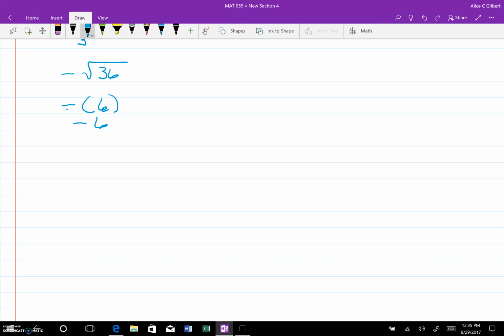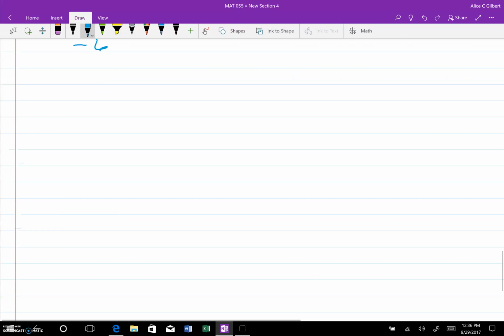That would be different if this were the square root of negative 36, because this is an even index, remember, an invisible 2, and the negative's underneath, so my answer would be not a real number. Notice the difference here. The negative here is underneath the radical. Here, it's outside the radical.